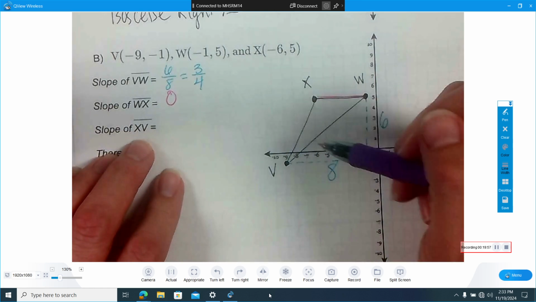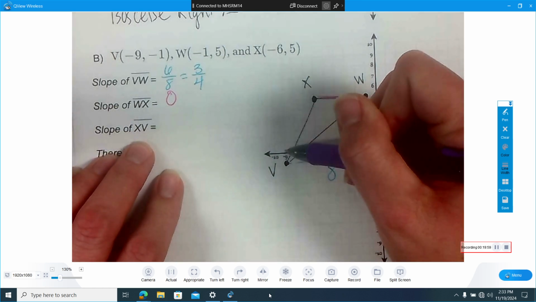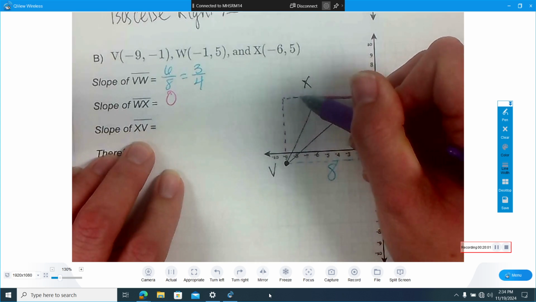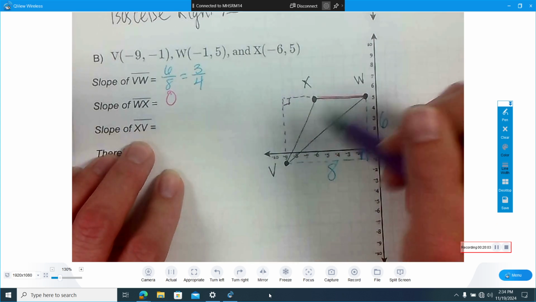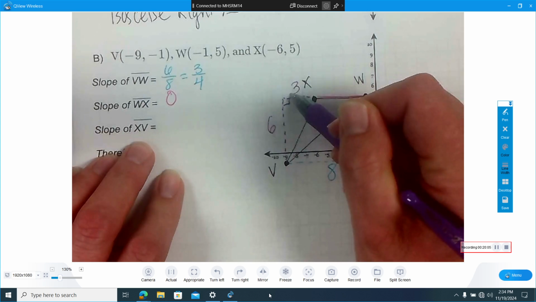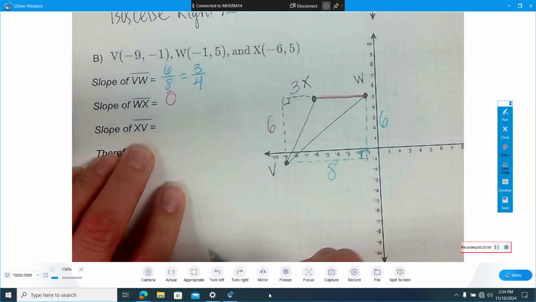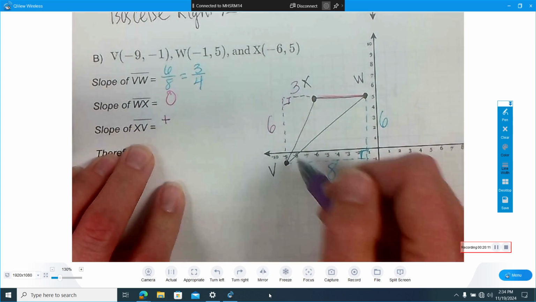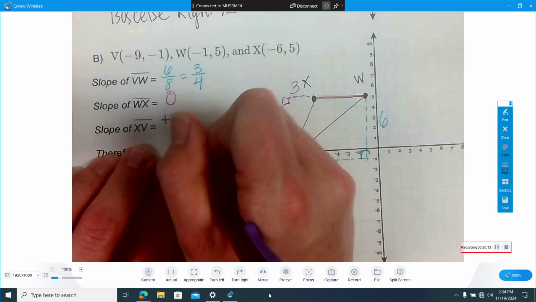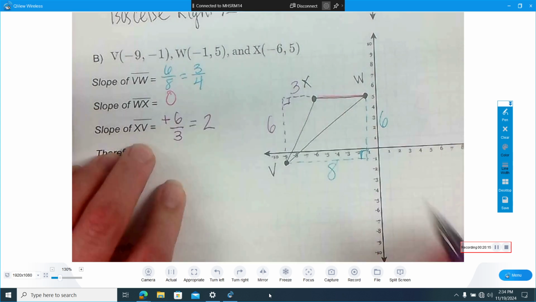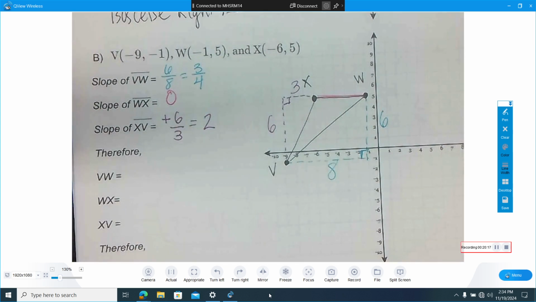And the slope of XV. We have a vertical component and we have a horizontal component. Let's see, which is up 6 and over 3. What's the slope? I think 2. Positive. The rise is 6 and the run is 3, which does in fact reduce to a slope of 2. Good. Do we have any perpendicular lines here?